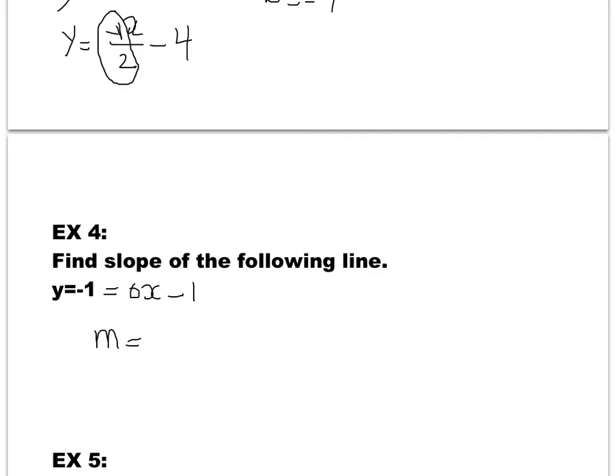What is the slope here? No, slope, not y-intercept. The number that multiplies x? 0. So the slope is 0, and what is the y-intercept? -1. Oh, I'm sorry, -1. Yeah, you're right.